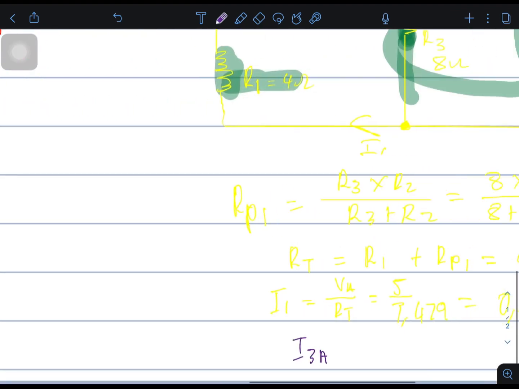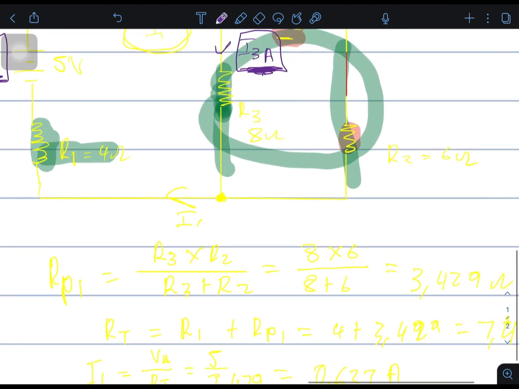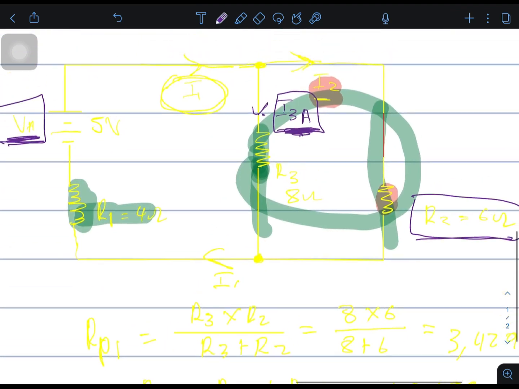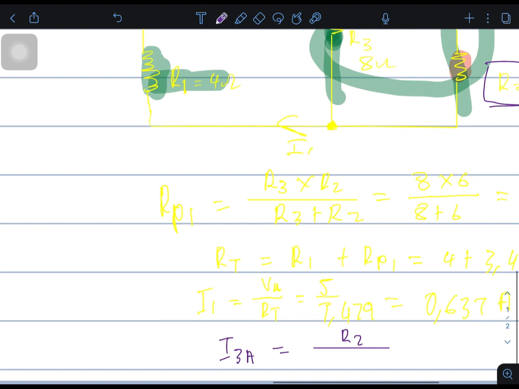Remember the current divider rule: you use the resistance of the other branch, and it only applies to two components in parallel. It is R2 over R2 plus R3, times I1.